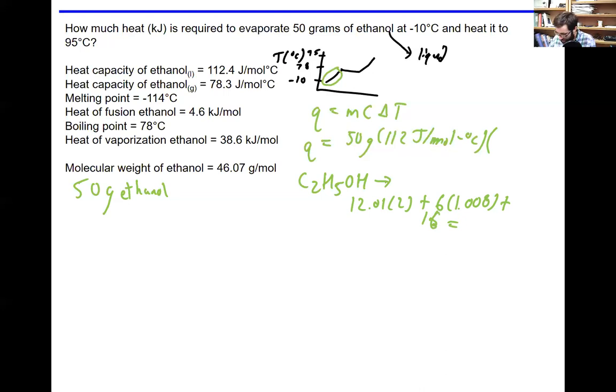If we add all that up, that's going to get you 46.06 approximately. 46.06 grams per mole is molar mass, guys, right? So for every 46.06 grams, there's 1 mole. So essentially we have 50 divided by 46.06, which is 1.086 moles ethanol.